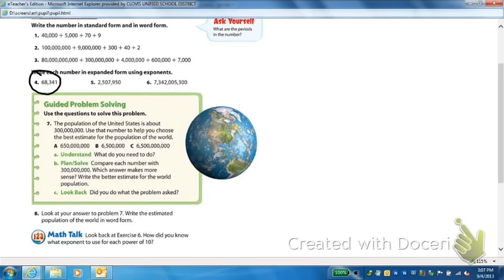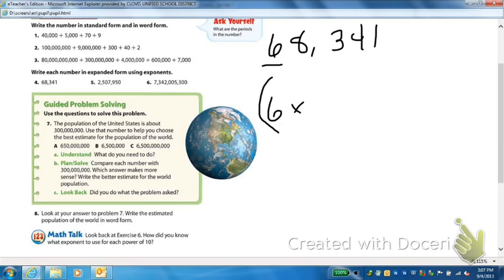Number 4 says 68,341. It says write each number in expanded form using exponents. 68,341. So I take my 6, and all I'm going to do is count how many digits are to the right. 1, 2, 3, 4.